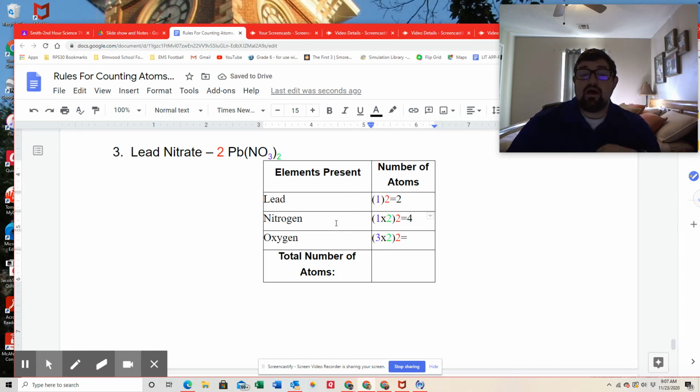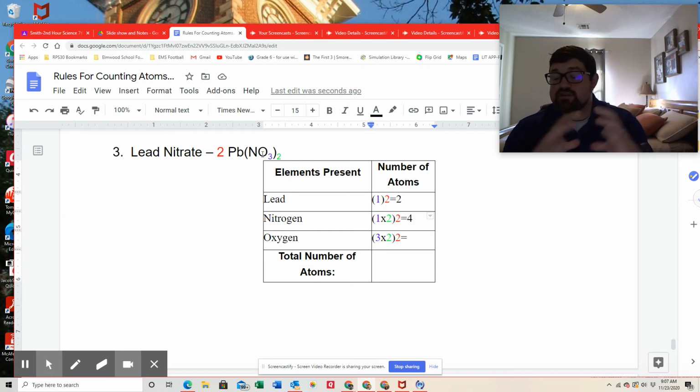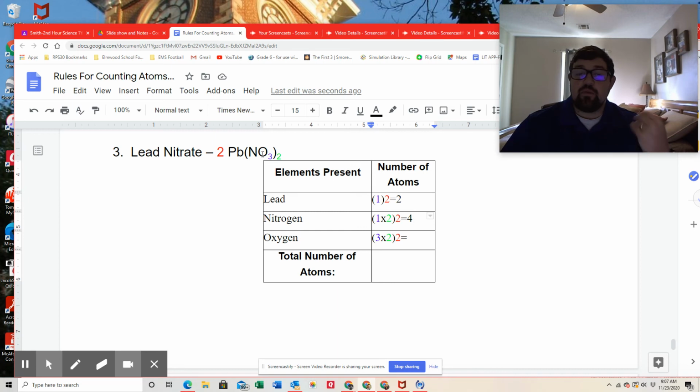And then we have 3 oxygen in 1 package or 1 parentheses of nitrate. And we have 2 nitrates in lead nitrate. So that's 3 times 2, that's 6, times 2 molecules of lead nitrate.